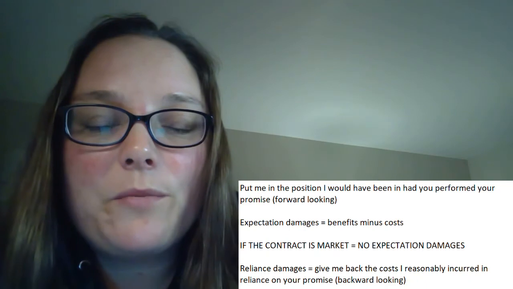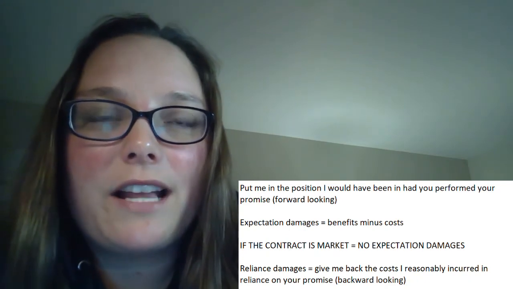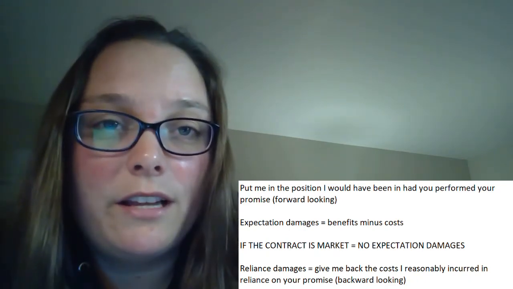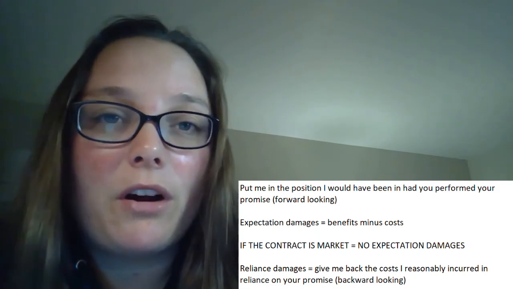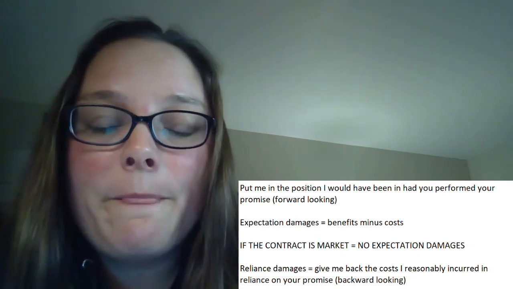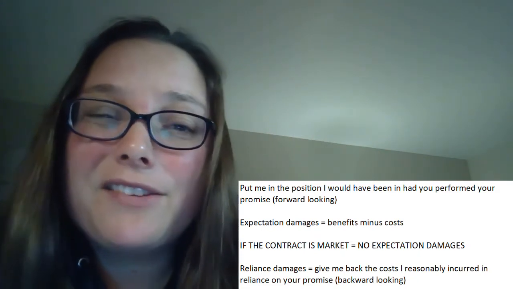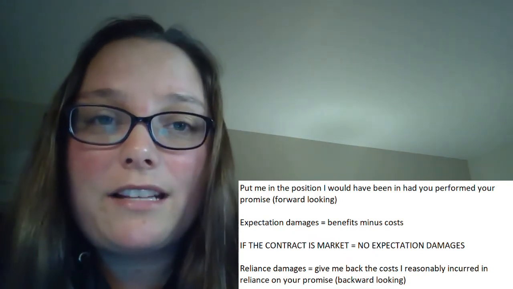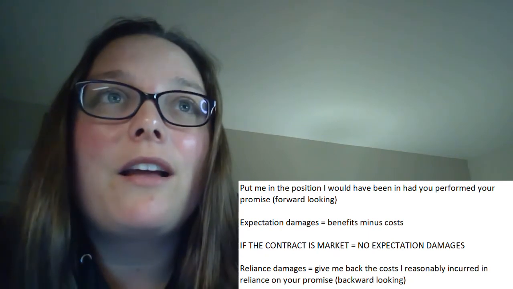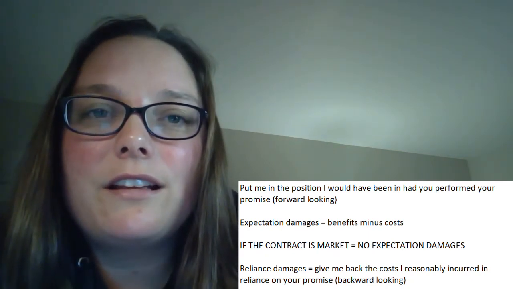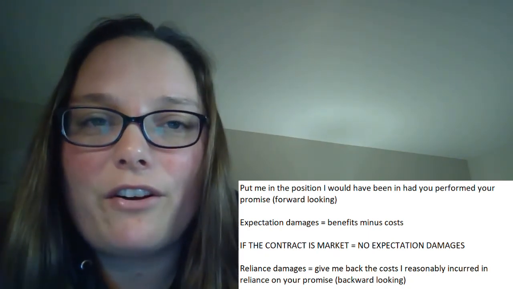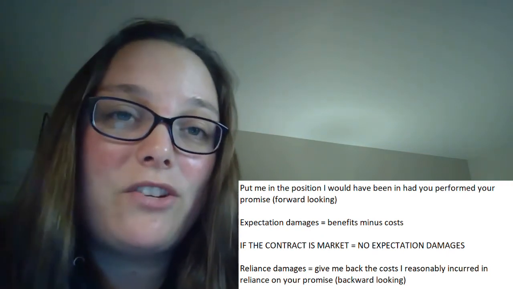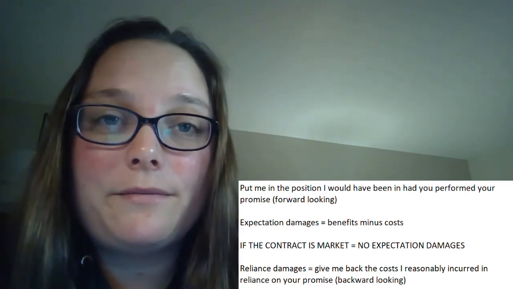And so when we're looking at situations where expectation damages fall short, we have to look at whether or not a party is entitled to reliance damages. And what reliance damages do is they actually do look backwards, and they say, give me back what I expended. Give me back the money that I have spent, the costs that I've incurred in anticipation of your promise.